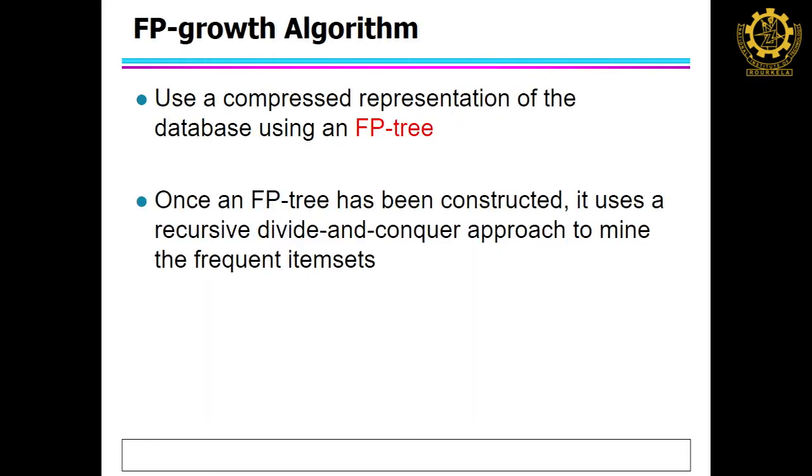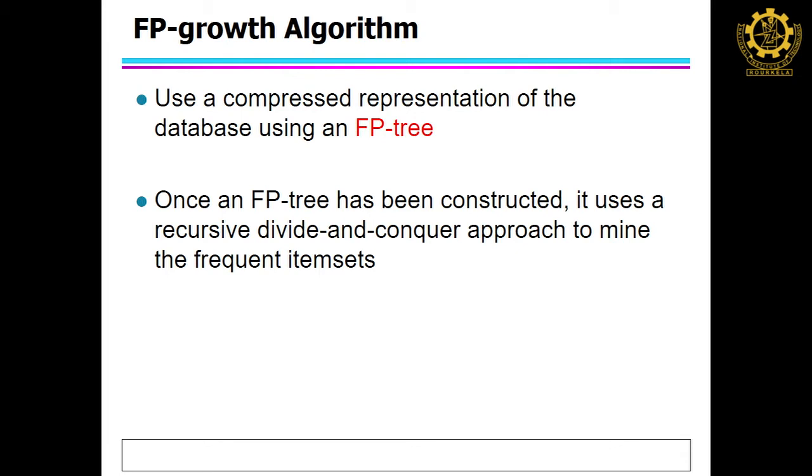So, this is the way, and today we will look into a different algorithm, called the FP-growth algorithm. This algorithm has two parts. One is how to represent the data in a much better way, and once we have represented the data, then we will find the association rules.